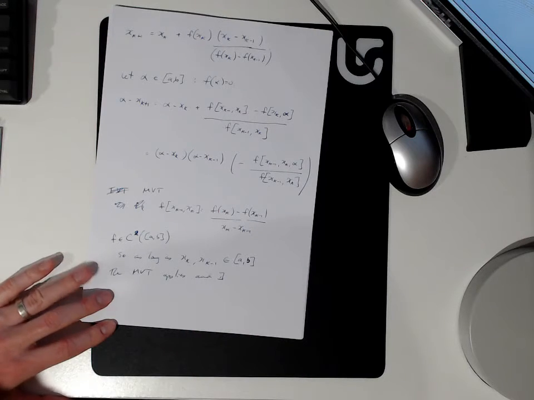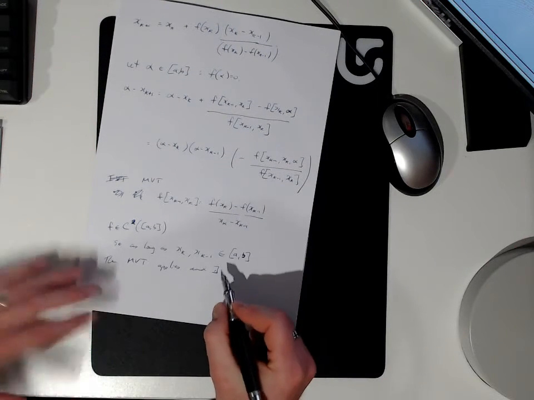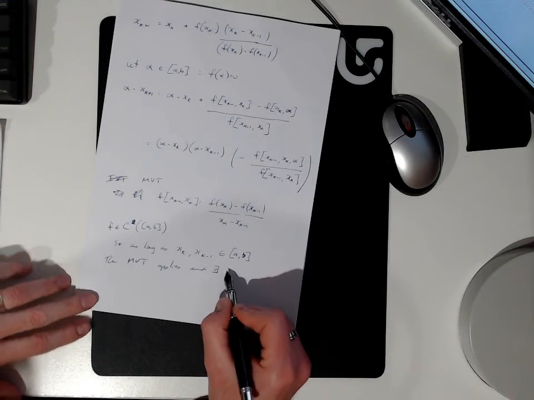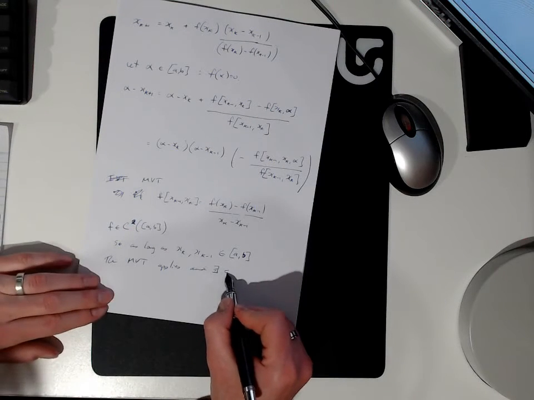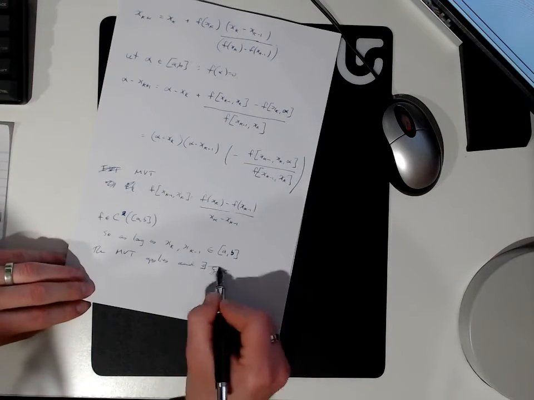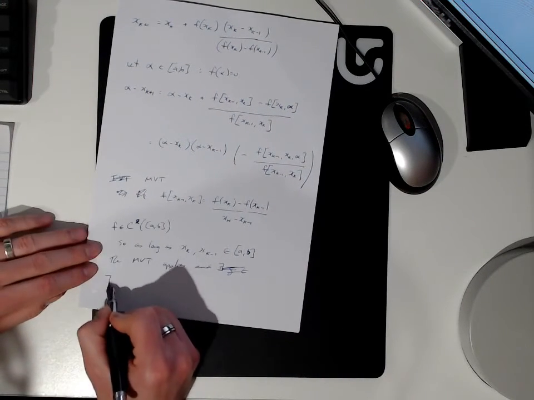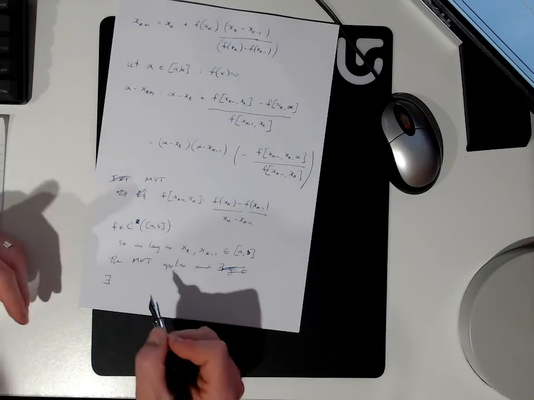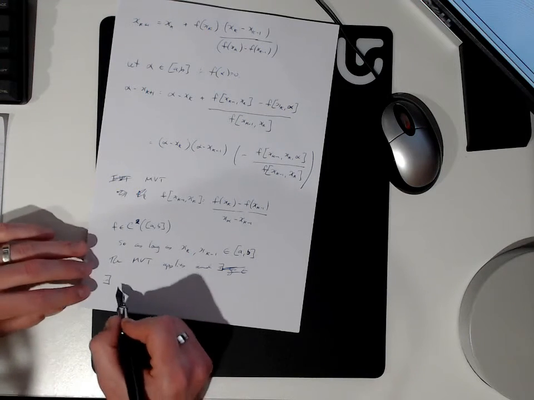and there exists some value, which I'm going to denote by zeta, in, well, the interval is a little awkward to specify because I don't know whether xk is bigger than or less than xk minus 1.